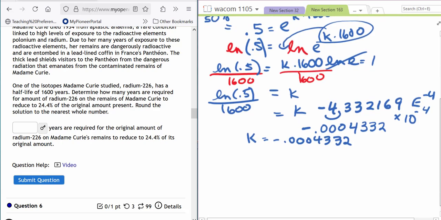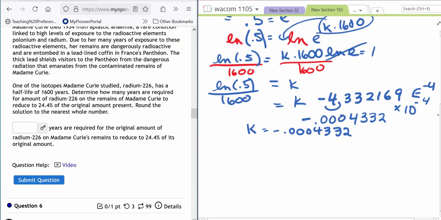So I am going to scroll this down so we can keep part of it. So I am going to set up my 0.244 is going to be, so I have divided out my A equals A sub 0, right?